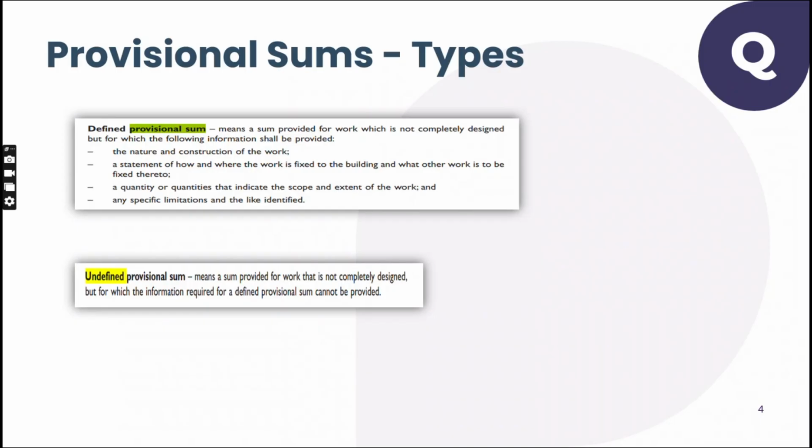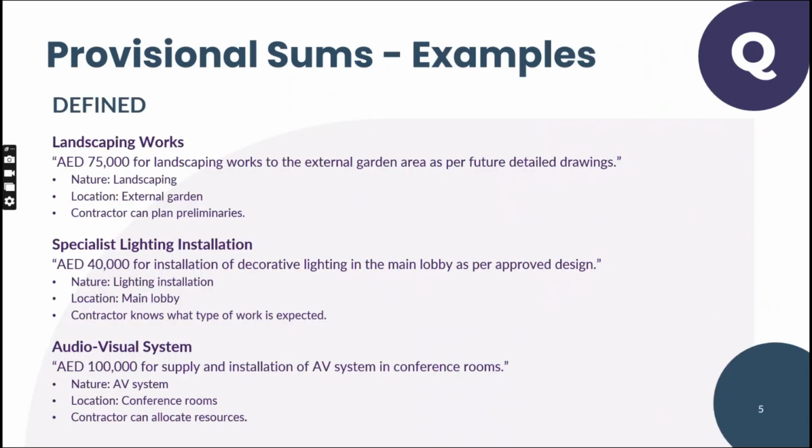Okay. Defined. Let's look into a defined example. Landscaping work. So I'm putting AED 75,000 for landscaping work, external gardens area, as per future design drawings. I'm keeping 75,000 as a proportional sum for landscaping work as per the future detailed drawings.